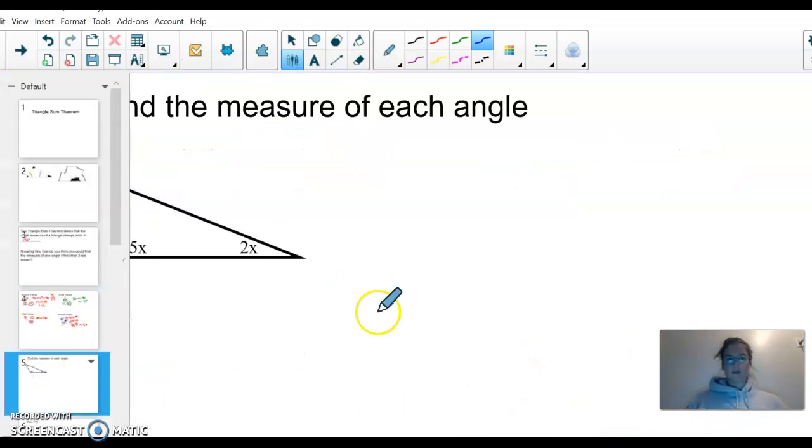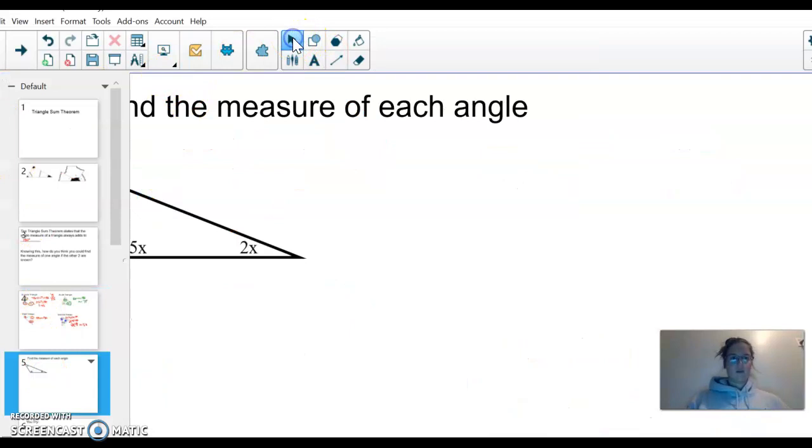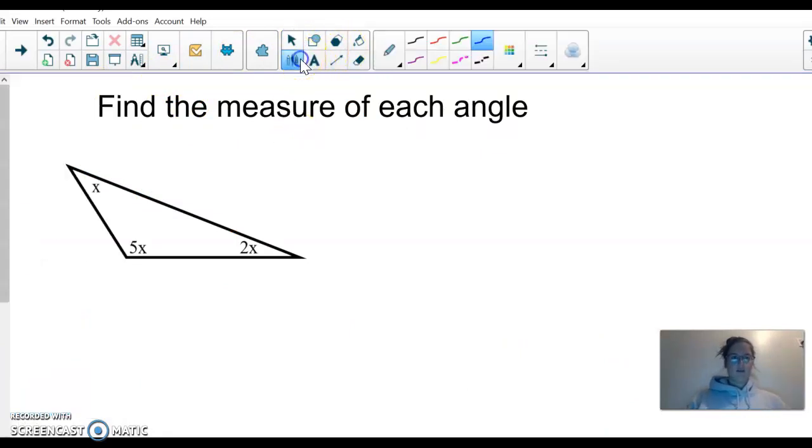Then you get into some a little bit more difficult ones. If you want to find the angle measures of this, it's a triangle, so it all adds up to 180 degrees. So you're going to add up x plus 5x plus 2x. Since they all share the same variable, it's going to be 1x plus 5x, which is 6x, plus 2x, which is 8x.